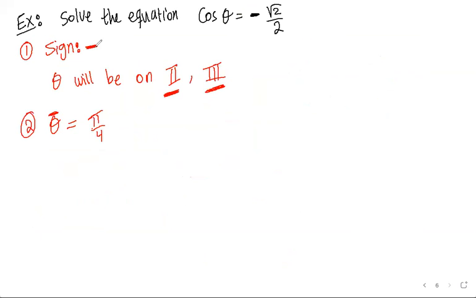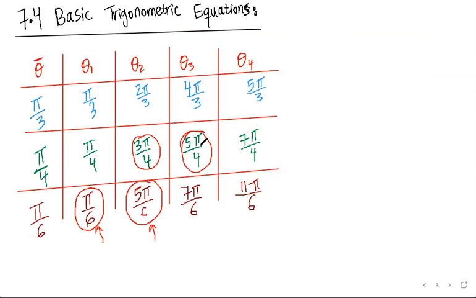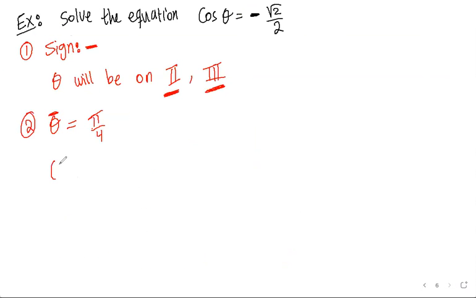So the sign is negative. The theta will be in the second and third. So theta, go back to the table: 3 pi over 4 and 5 pi over 4. So theta equals 3 pi over 4 and 5 pi over 4. So this is my solution.